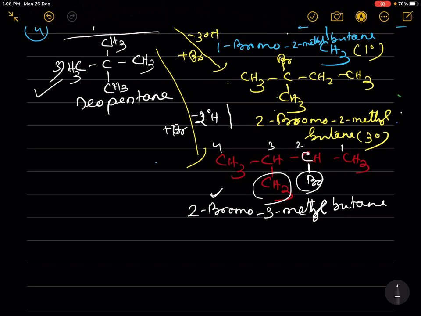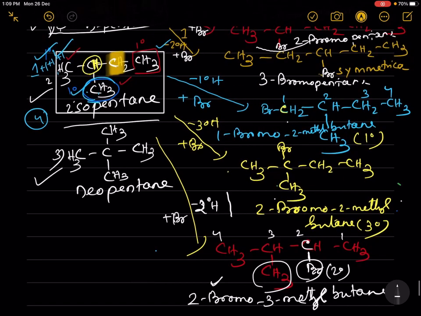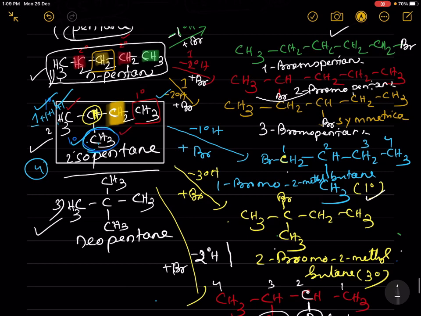This is a secondary alkyl halide, this is a tertiary alkyl halide, and this is a primary one. This is also a primary, this is also secondary, first one is primary.